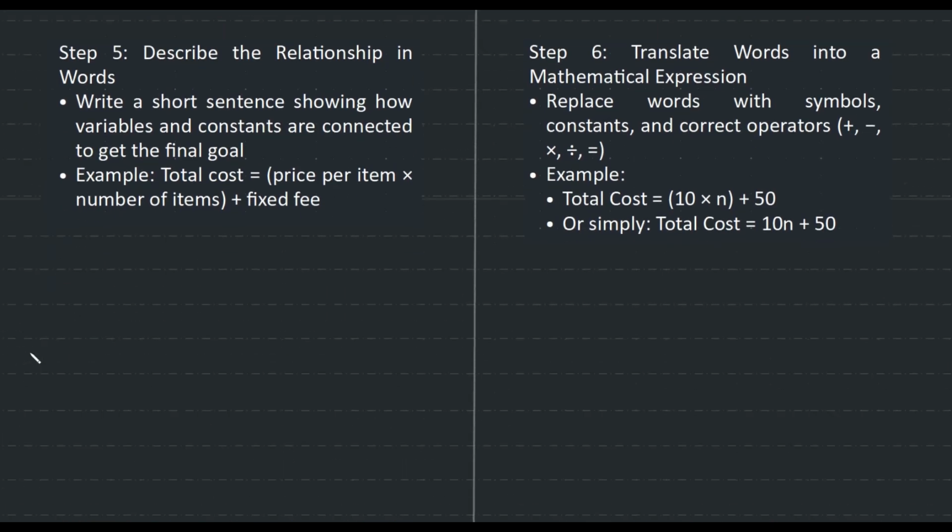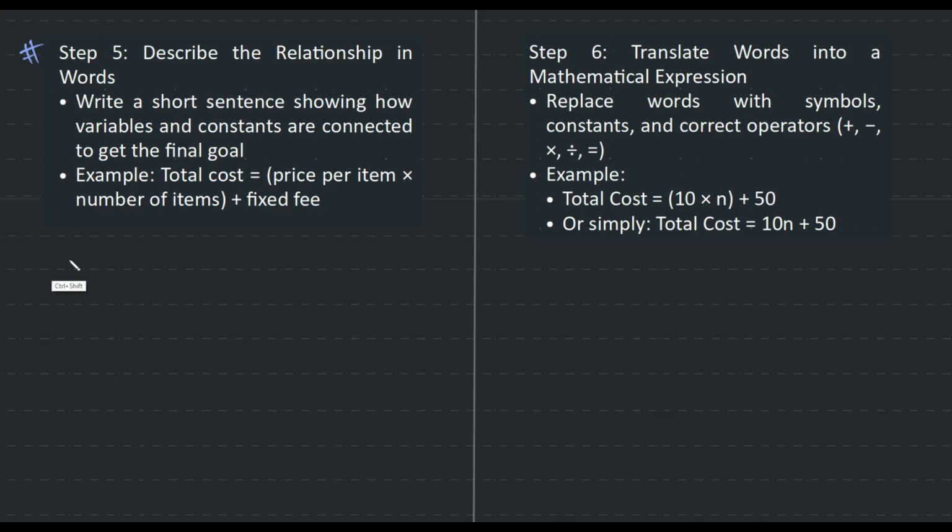With all of that in mind, next, let's establish the relationship. Total cost is equal to price per item times number of items plus fixed fee. Describe the relationship in words. Write a short sentence showing how variables and constants are connected to get the final goal.